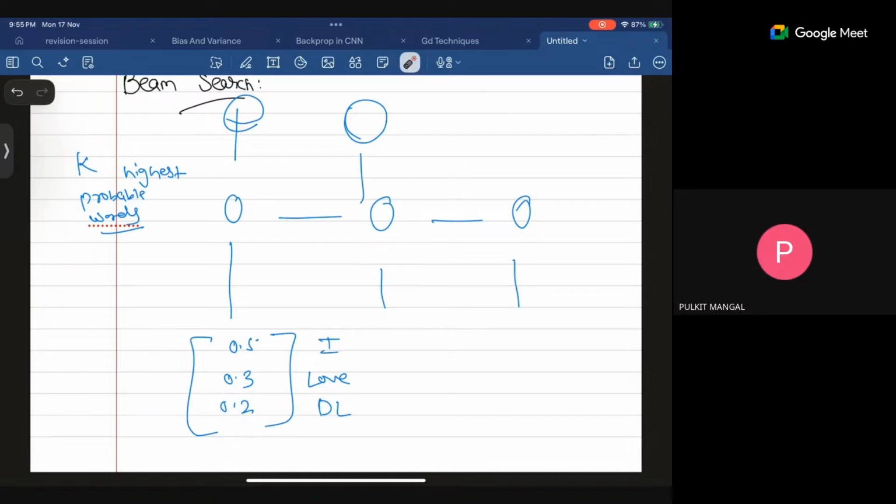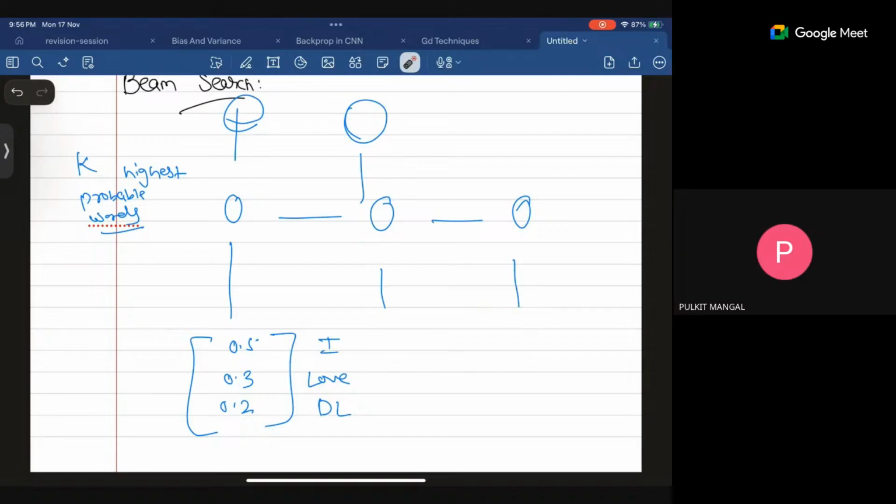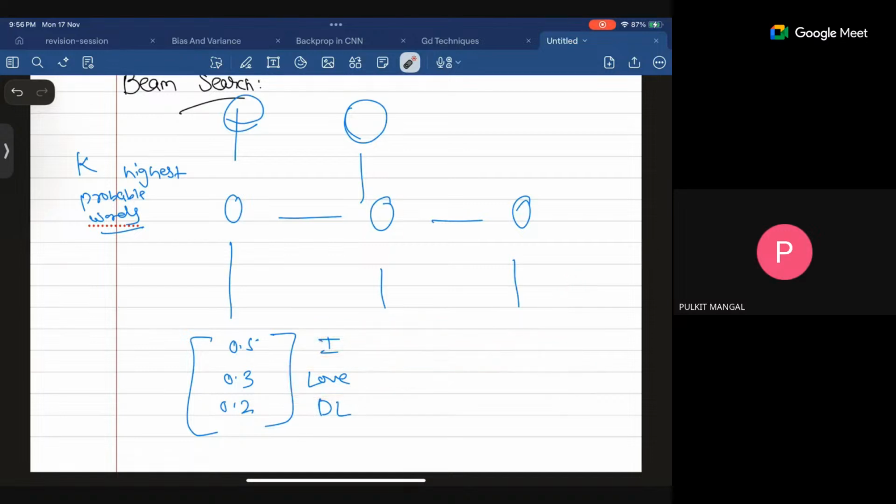Instead of using just one word with the highest probability, we use k words with the highest probability. Let's suppose we use two words. Then, using I and love, we generate the remaining sequence, see the sequence generated by both of them, and find the joint probability for both sequences. Whichever gives the maximum joint probability, we take that as the output.